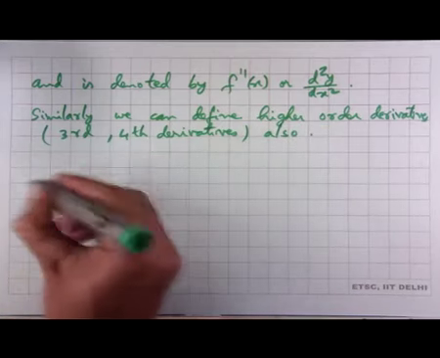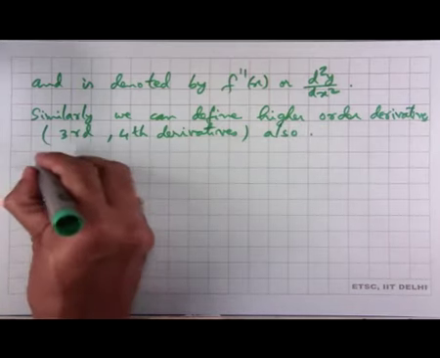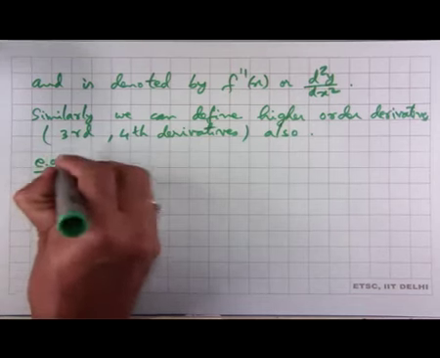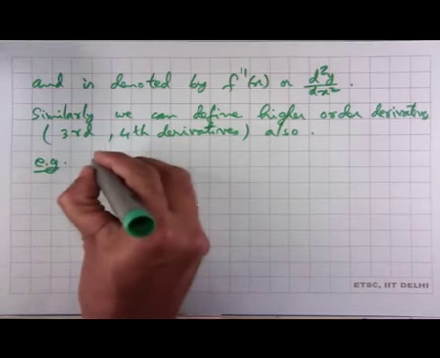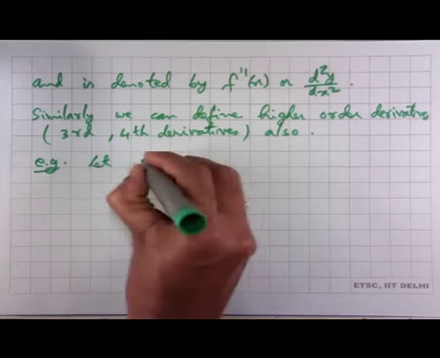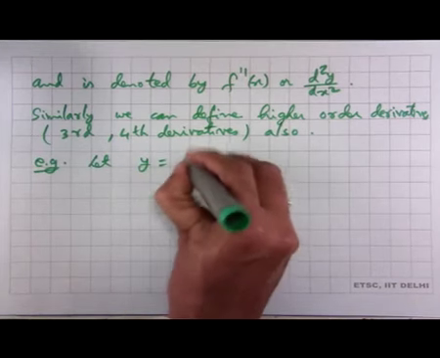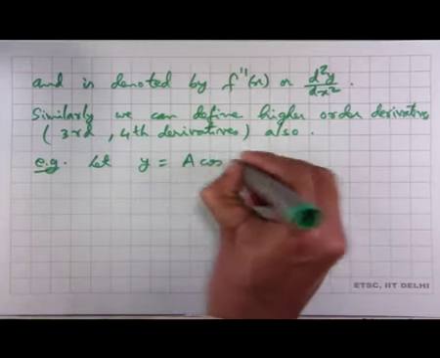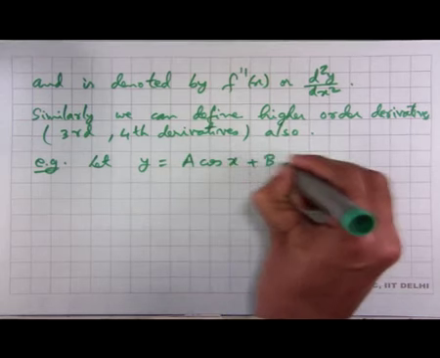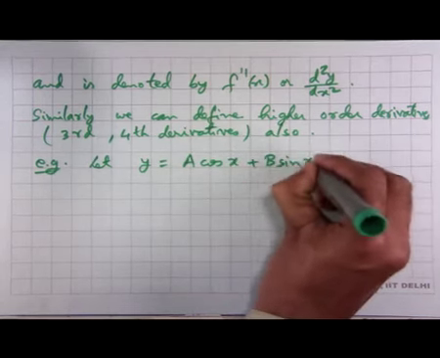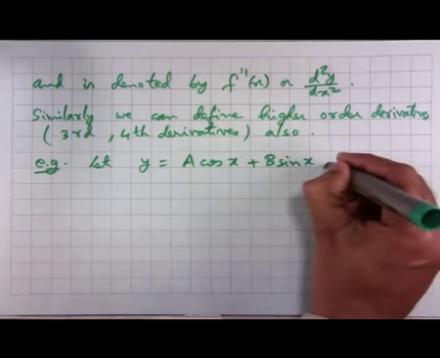So, for example, let y is equal to a times cos x plus b times sin x, where a and b are constants.